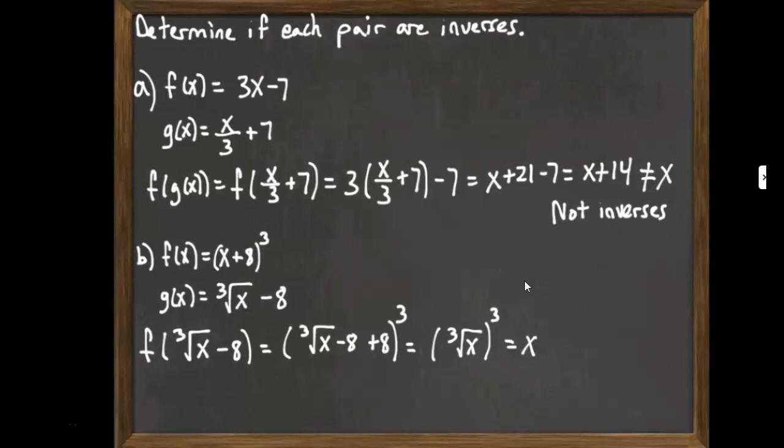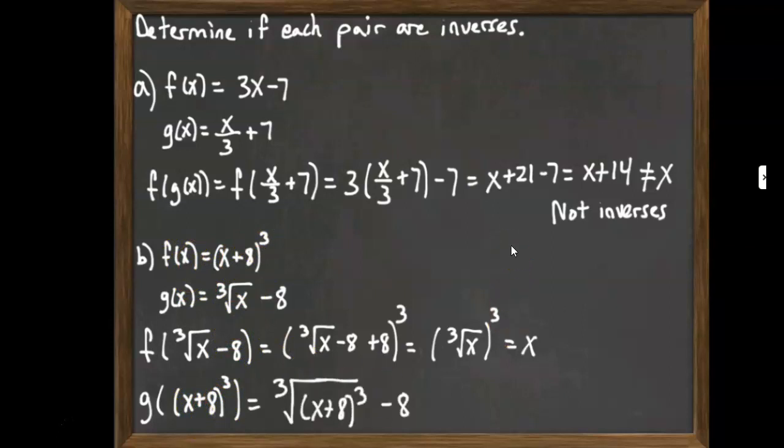So we now turn around and look at g of f. Okay. So we're going to plug in f, which is the x plus 8 to the third function, so we can go into g, and we do just that. g is going to take whatever you give it. It's going to do the cube root of that, and then subtract 8. Okay. So we simplify.